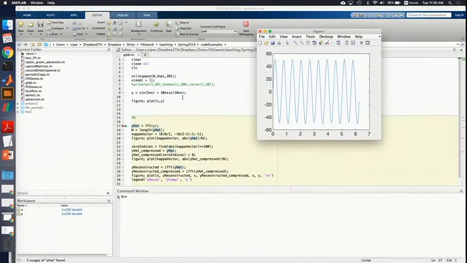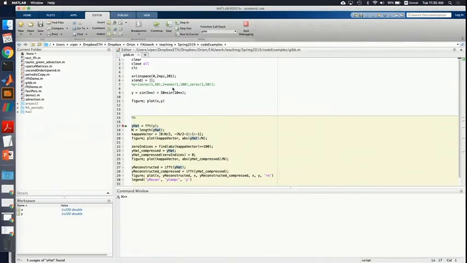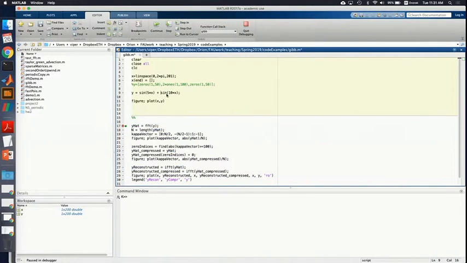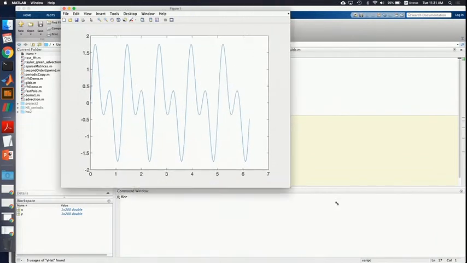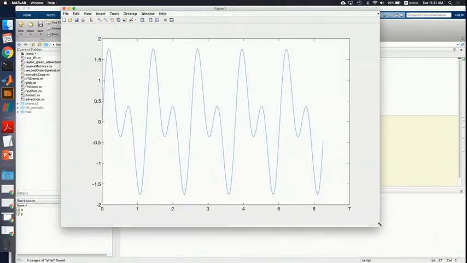Why does it look so nice? Aha, there. So, if I give you this signal and ask you how many sines and cosines you need to break this up into, and then you can reproduce this completely, exactly.